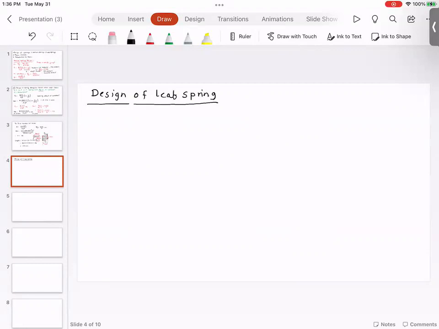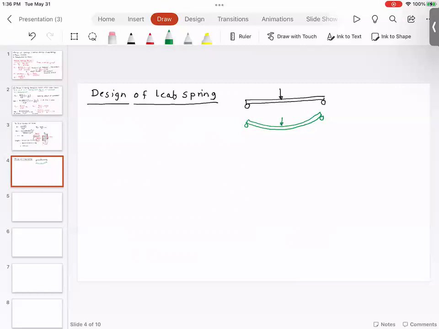If you think about it, this is the beam, and this beam is supported on either side, and then you apply a load onto this beam. What happens is this beam bends.